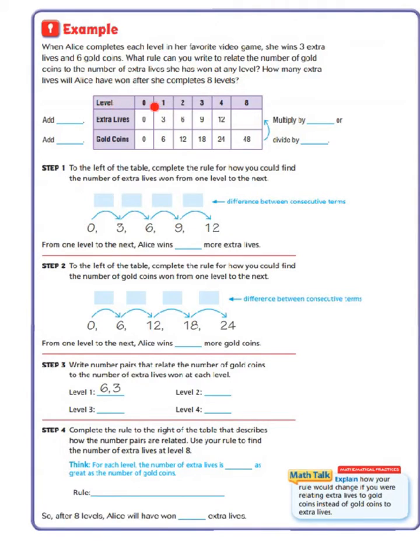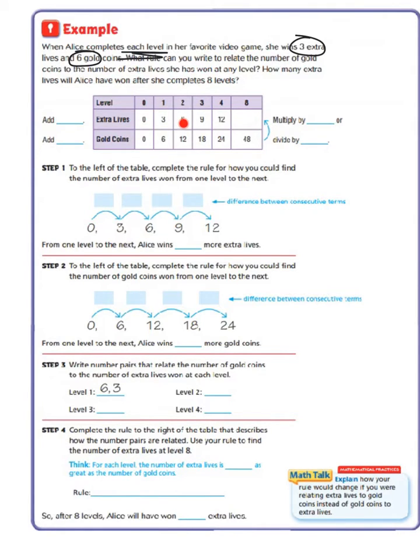So we've got our levels going across here, our extra lives row, and our gold coin row. So let's begin. She wins 3 extra lives and 6 gold coins for each level she completes. So we've got 0, 3. When she gets 3, she gets 6 gold coins.